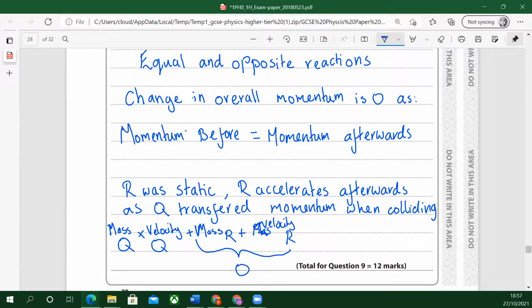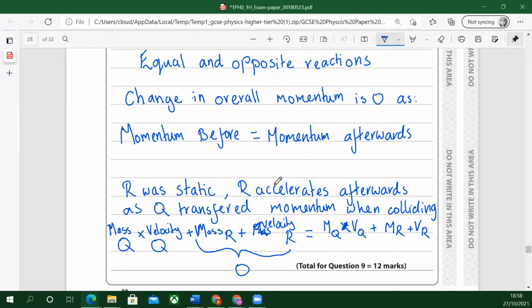So 0 equals, I'm going to write a bit shorter, MQ times VQ plus MR times VR. So that's actually how you write conservation before and after.